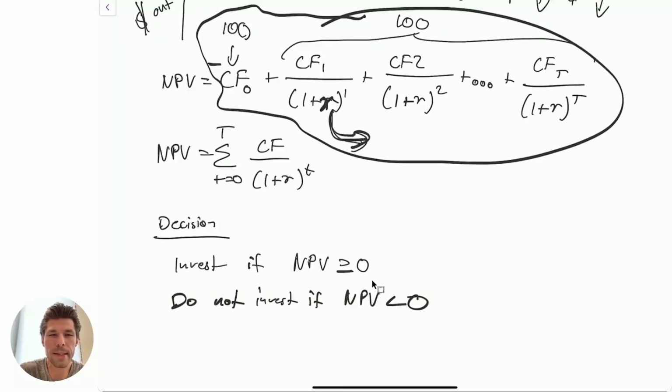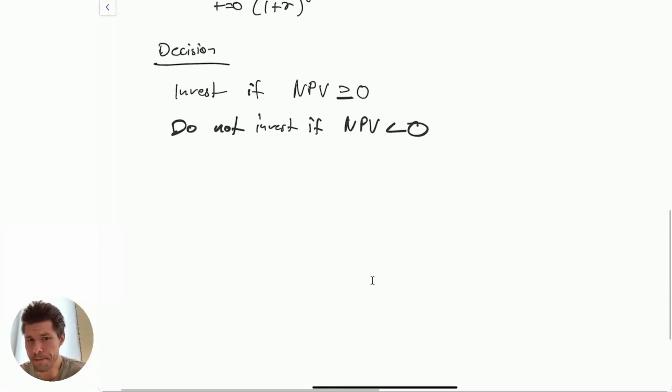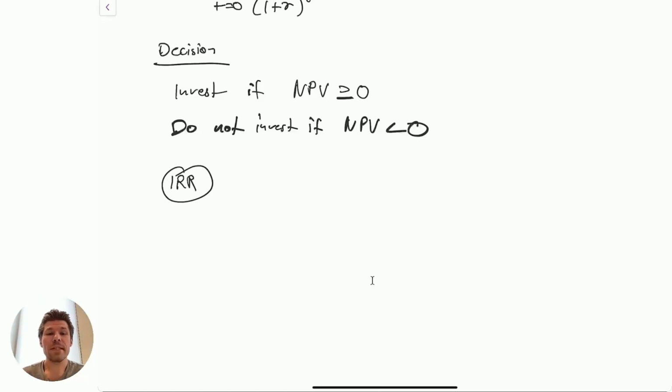If we look at internal rate of return, it's quite similar. Internal rate of return is the discount rate that makes the net present value of an investment equal to 0.